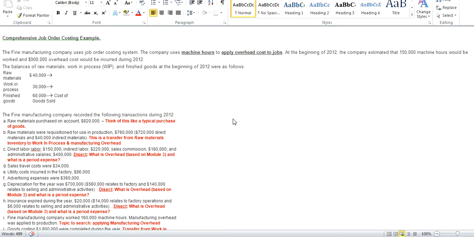So the goal of this module is to figure out how we apply those overhead costs to the jobs to get a true and accurate picture of what it really costs us to perform a certain service or produce a certain type of product. So that's the goal here.